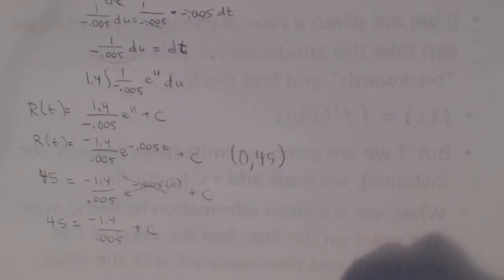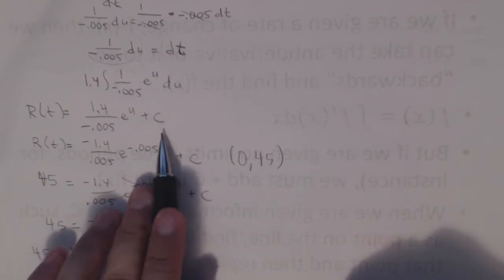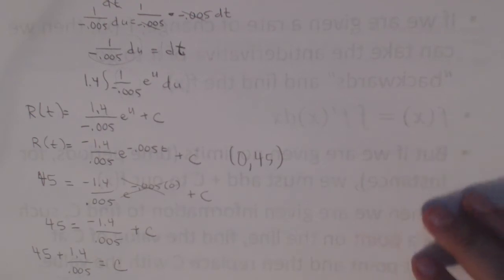So this gives me this value plus c. So then if this is 45 equals negative 1.4 over 0.005 plus c, then I can add positive 1.4 over 0.005 and get c by itself. So now I'm going to have a function with c in there, and then I'll be able to answer the question. I'm going to figure what that is when I go to Excel in just a second.